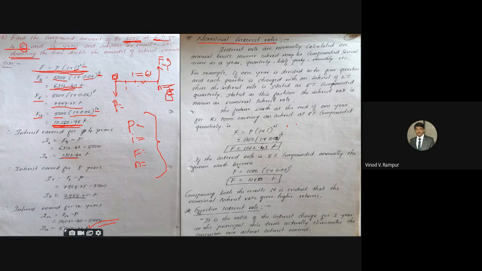And one more thing, if anybody has already taken an education loan, remember that they are charging monthly interest and you are paying monthly interest, but they say compounded yearly. If they say the education loan is at 14% per year but you are paying monthly, what is the difference between monthly and yearly? You will understand clearly from this part.